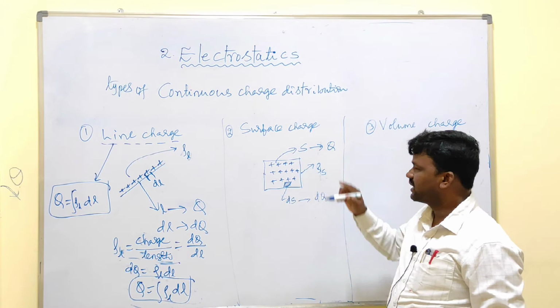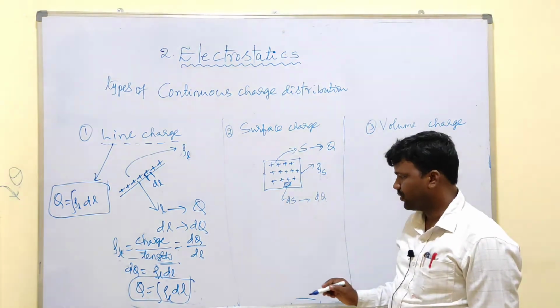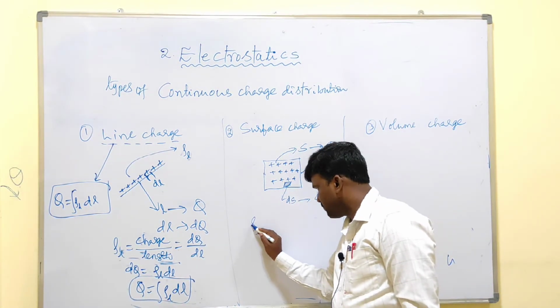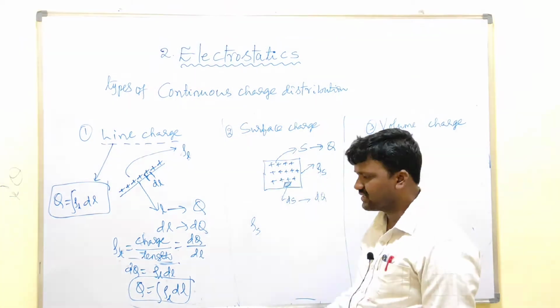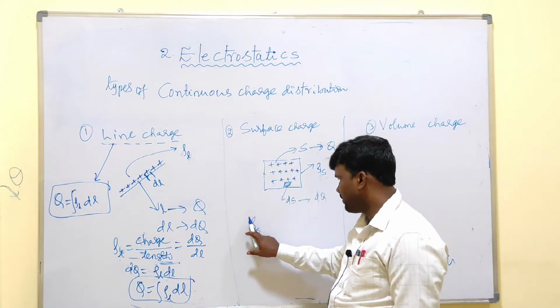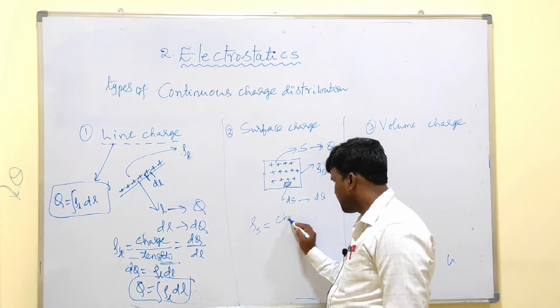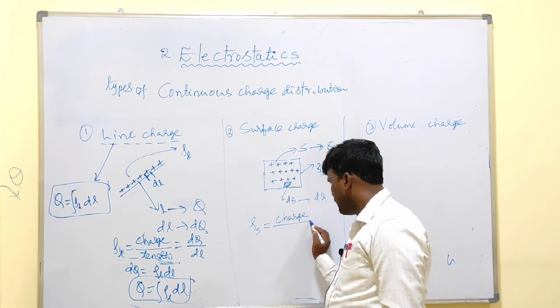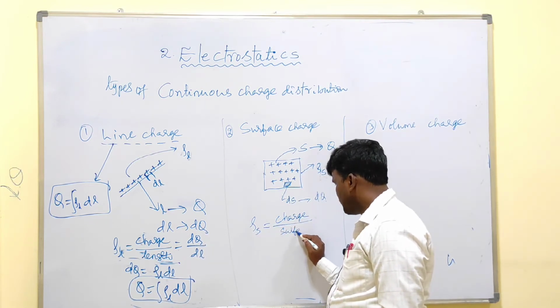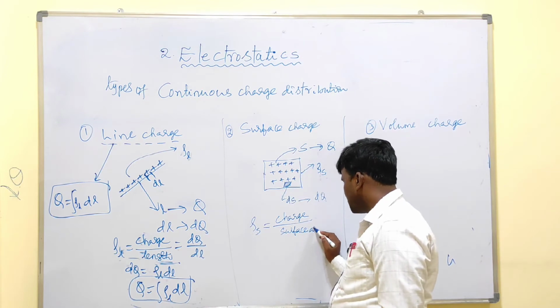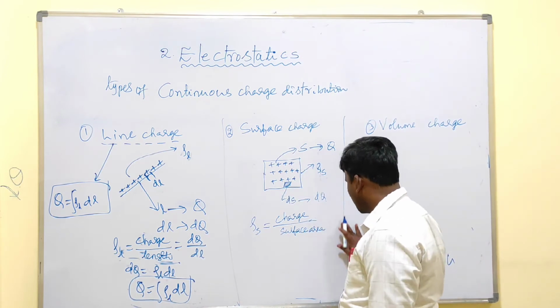For the total surface we get Q, for ds we get dq. Then rho s, the surface charge density, is given by charge per unit surface area.